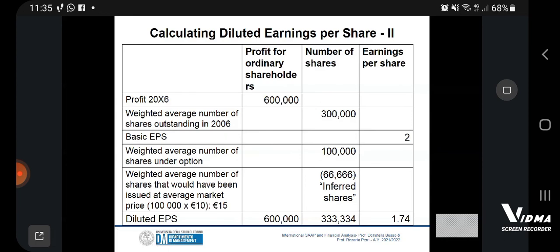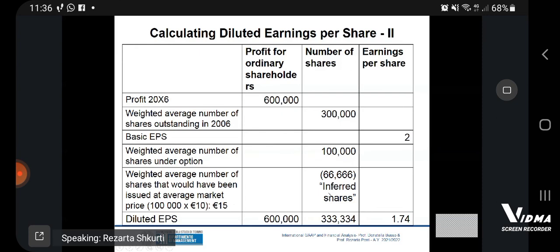So, I'm repeating: I'm raising 1 million euro by selling 100,000 options at 10 euro each. This is the contract that I have with these option holders. It would have been the same amount of money generated if I had sold at the regular market price of 15 euro.